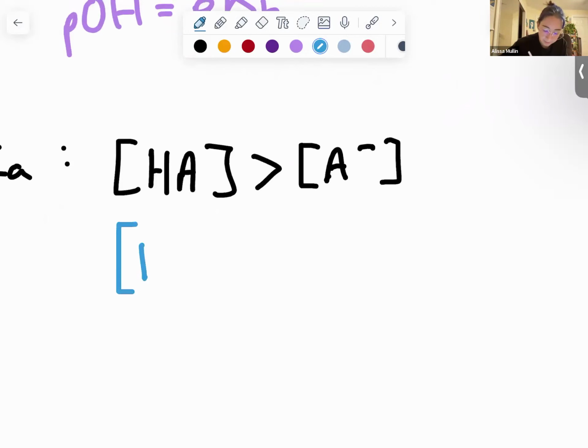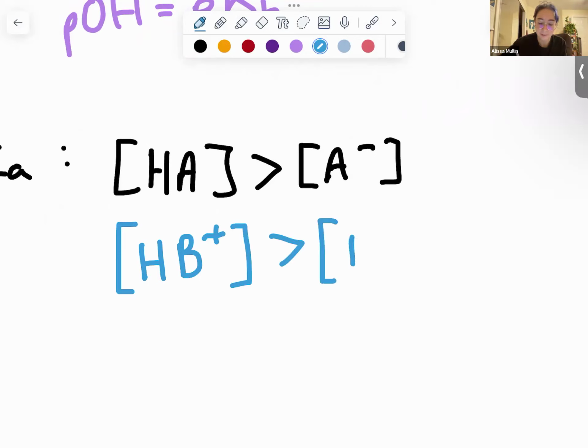If we want to think of it from the base's perspective, that conjugate acid is in higher abundance than our base. So those are the same thing, whether we're thinking of it from the acid's perspective or the base's perspective. And when we're using Henderson-Hasselbalch, like we're going to practice in the next few sections, they're equivalent. Whichever one is the acid, we can think of as the acid, and whichever one is the base, we can think of as the base.